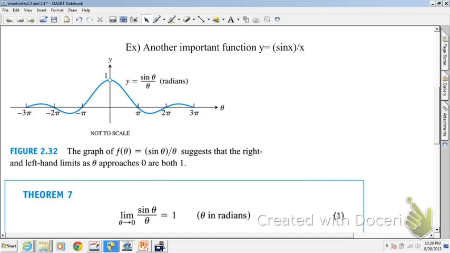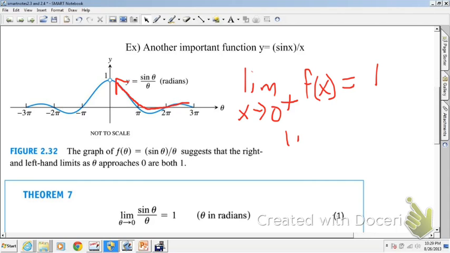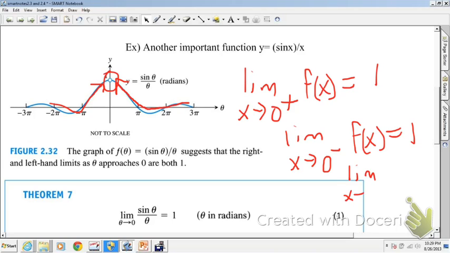Visually, as I'm coming in towards 0 from the right, it looks like the limit as x approaches 0 from the right of this function is equal to 1. And the limit as x approaches 0 from the left is also equal to 1. Even though there's a hole at 0, the limit still exists. So the overall limit as x approaches 0 is equal to 1.